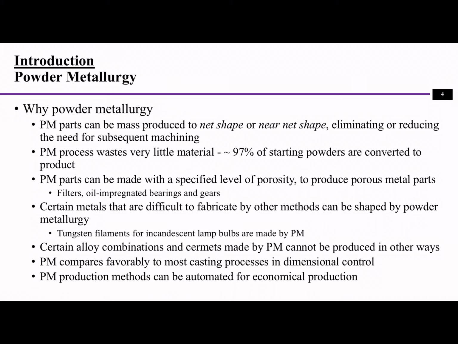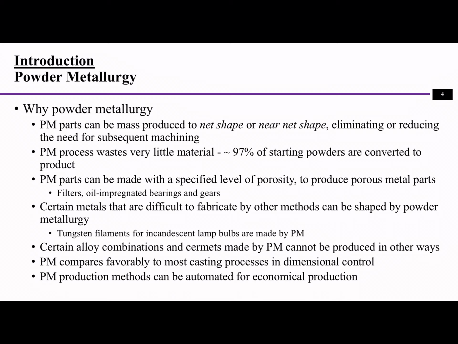Those bearings and gears are a lot of times oil lubricated, and the pores can store the oil, so they are better lubricated in their function. So those kinds of products are a very good example for powder metallurgy application.